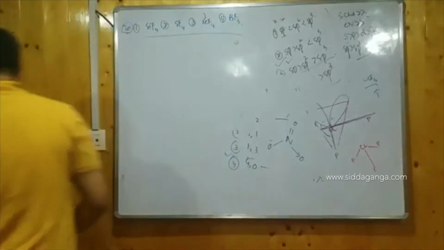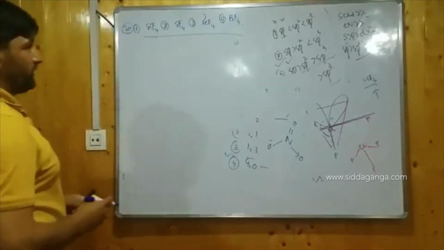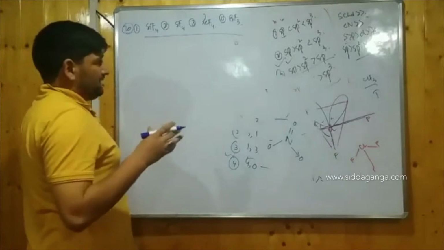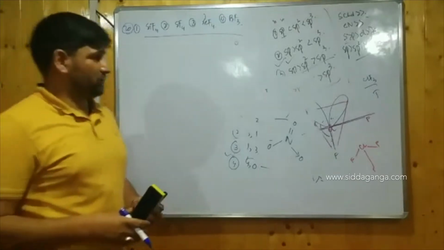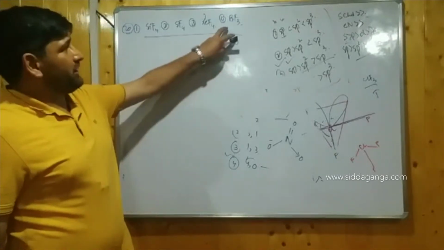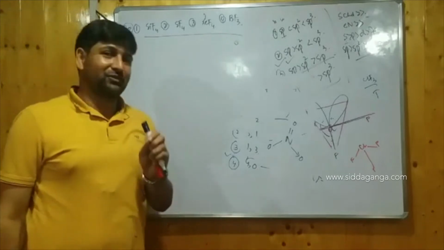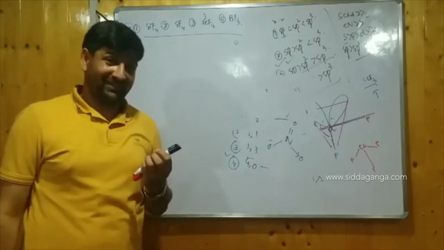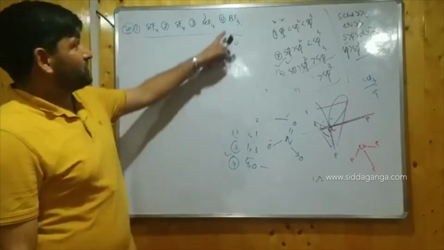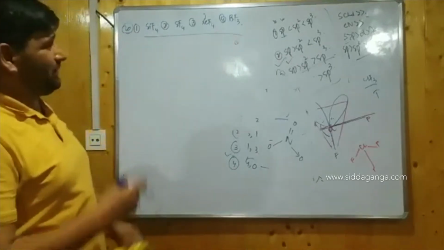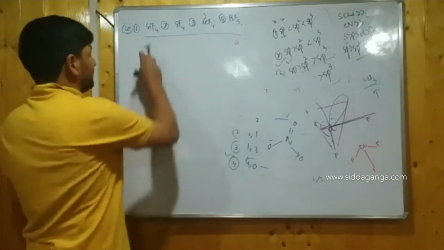The question is, which of the following will have a permanent dipole in it? Last time in my discussions, I discussed that to find a permanent dipole, you first need to find the geometry of the molecule itself, right? And after geometry, you can find the shape, and according to that, the dipole moment can be found.